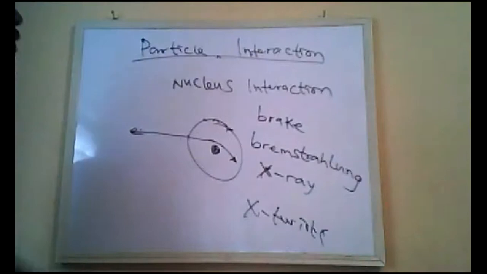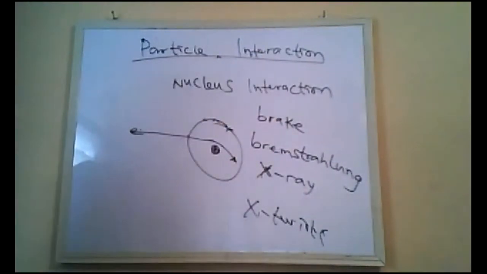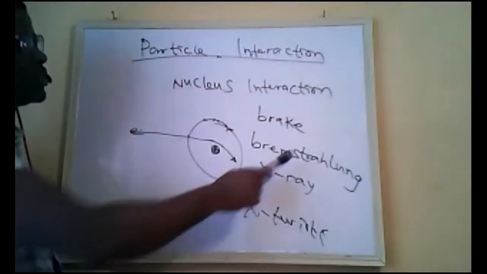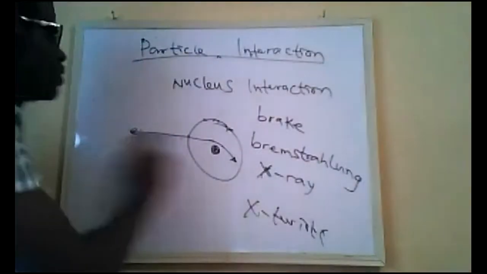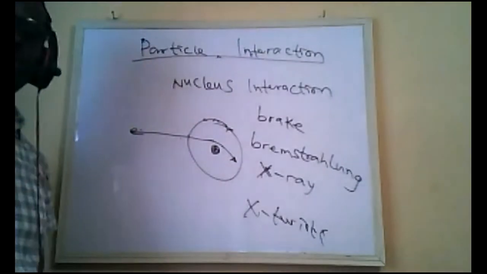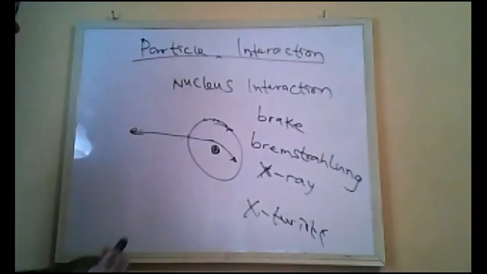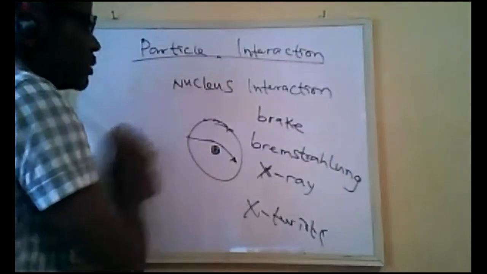So for now, it is enough for us to know that in nuclear interaction, we could have Bremsstrahlung, and at times you can even have internal conversion, which gives rise to a material which is different from its original one.